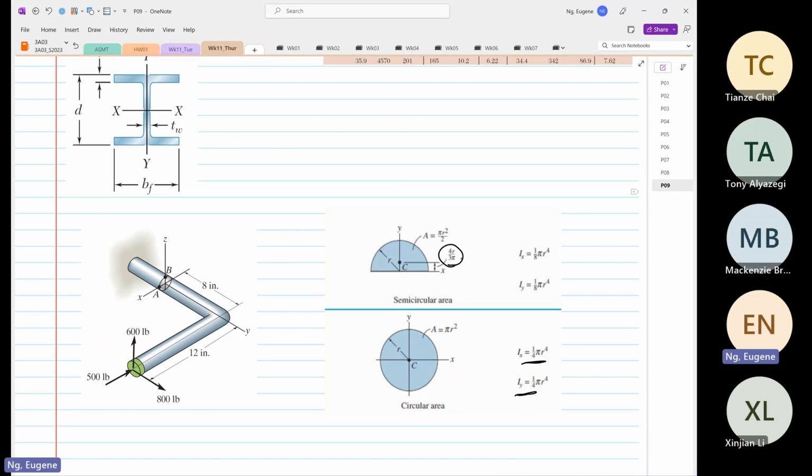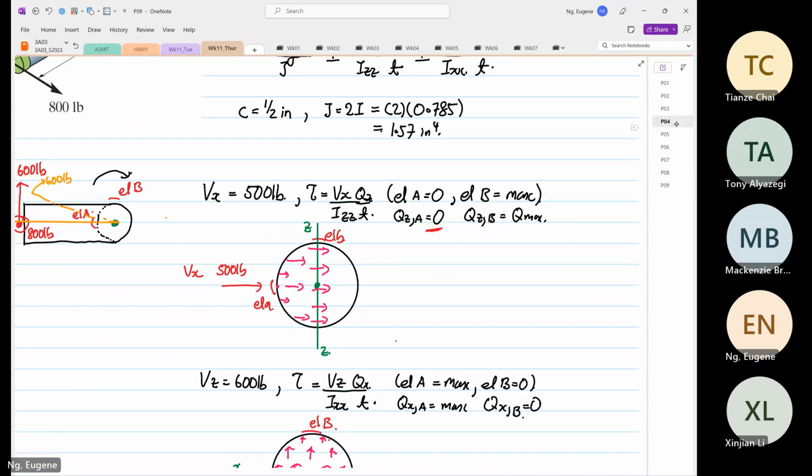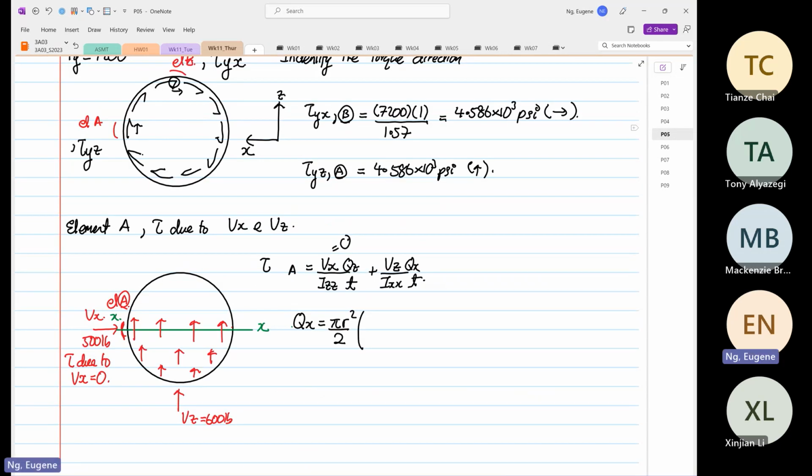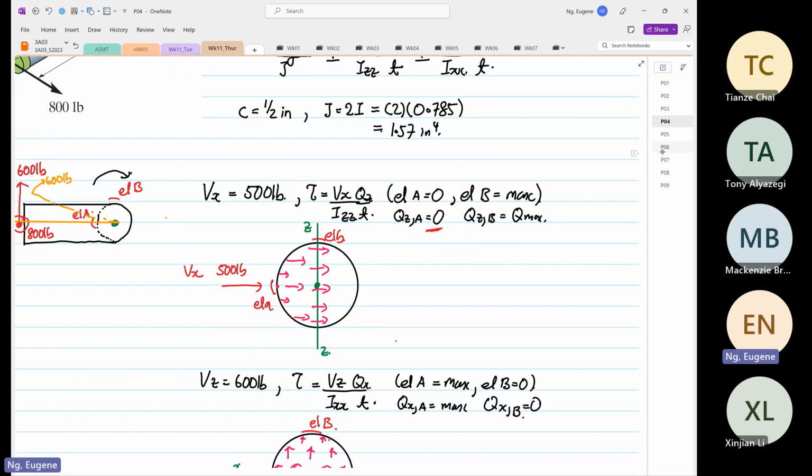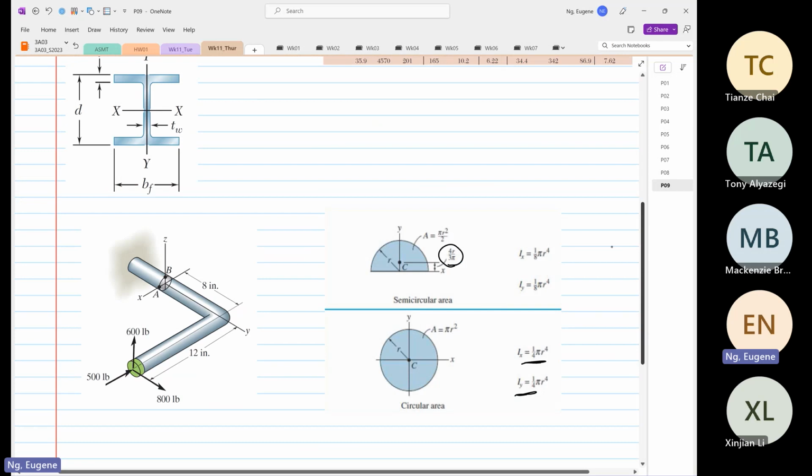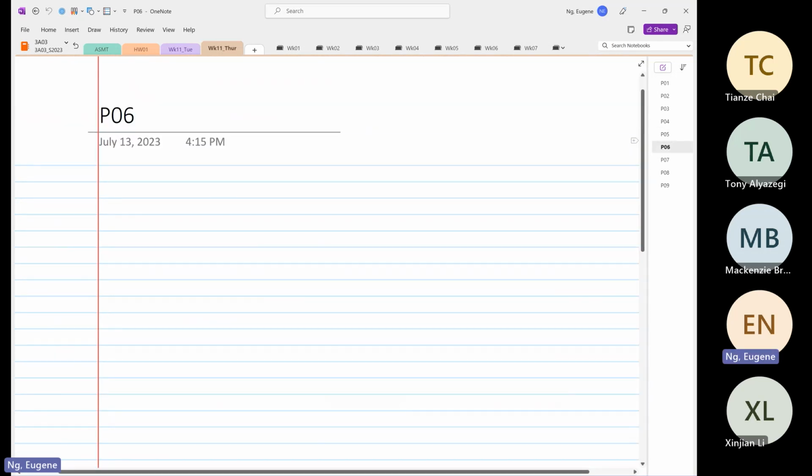You can see over here, 4r over 3 pi. Okay, so this is the area, right? And this is the z bar. Okay, so it's equal to 4r over 3 pi. Let me check again. 4r over 3 pi. That's correct.